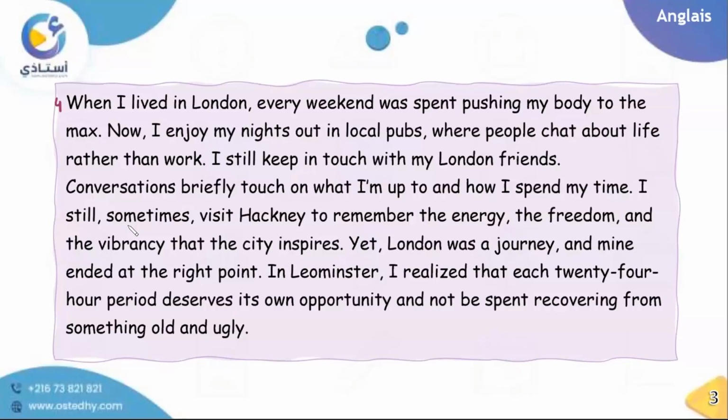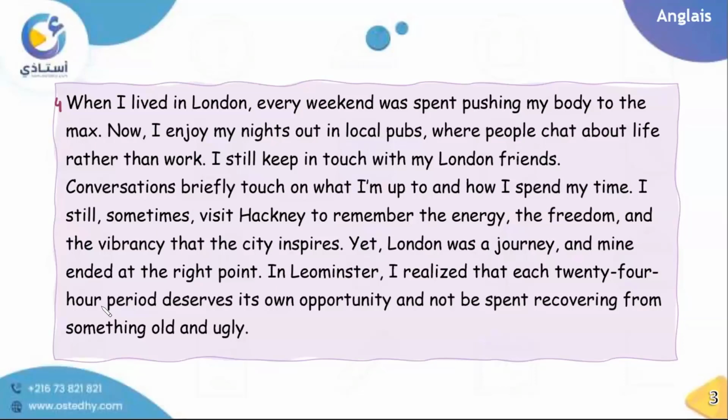I still sometimes visit Hackney to remember the energy, the freedom, and the vibrancy that the city inspires. Yet, London was a journey, and mine ended at the right point. In Leominster, I realized that each 24-hour period deserves its own opportunity, not to be spent recovering from something old and ugly.